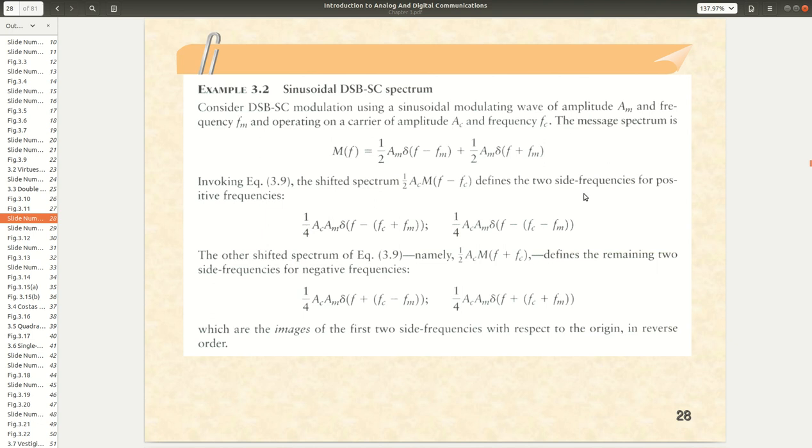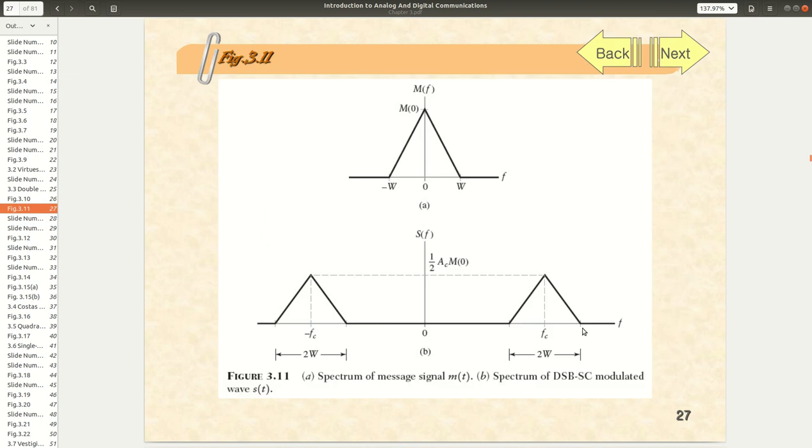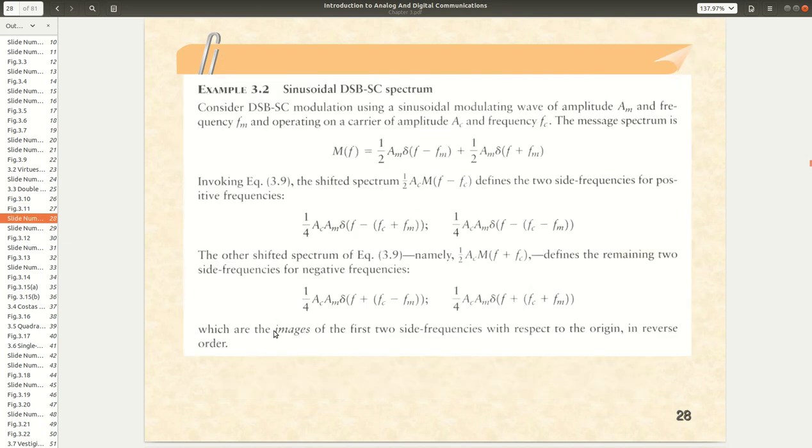So the two side frequencies for positive frequencies will be fc plus fm and fc minus fm, and here minus fc plus fm and minus fc minus fm. So this is all of them for the positive and negative frequencies.